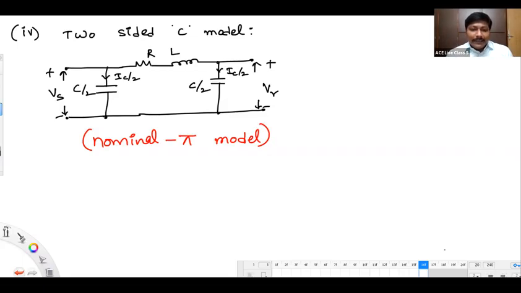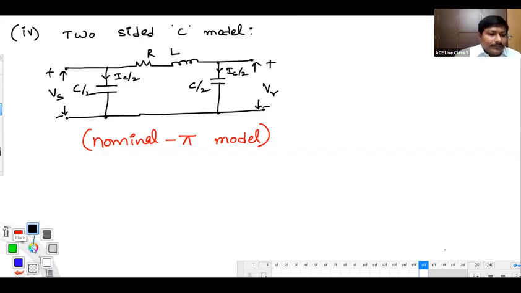Okay, so I am writing the statement. Kindly go through it. Nominal means general. Just by taking that RLC from calculations, we are dumping it into a circuit and arranging it. That's the meaning of nominal.